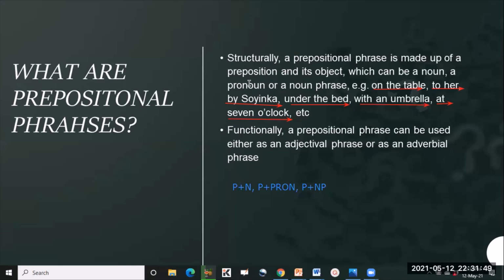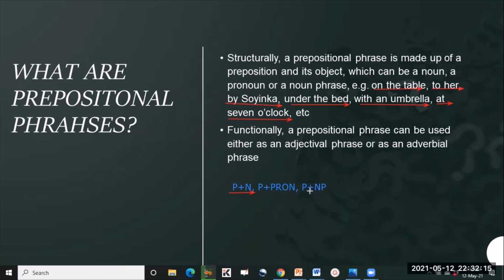Then a preposition and a pronoun is to her. The word to is a preposition and her is a pronoun. So a preposition and a pronoun will form a prepositional phrase.